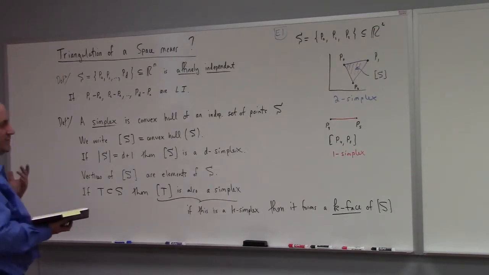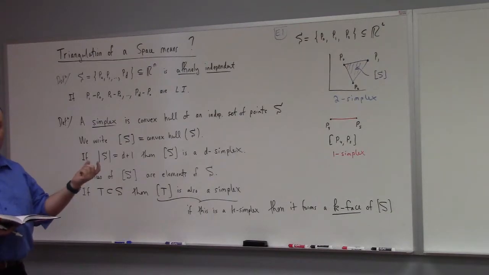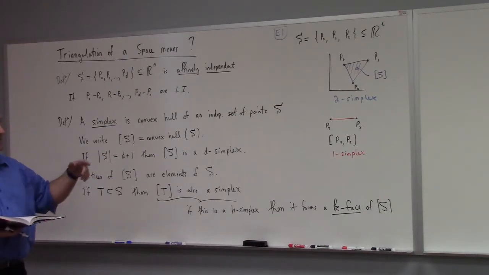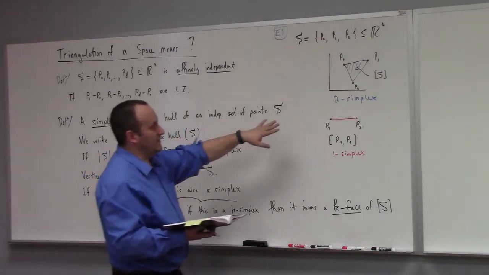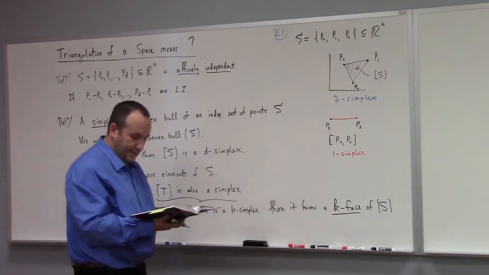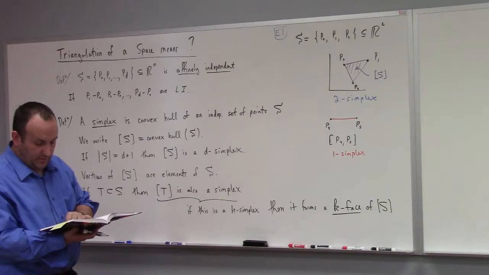If I'm looking at a D-simplex and I look at the D minus 1 faces, that should get the edge. I shouldn't also need D minus 2 or D minus 3. If I look at the 1-faces of this, I've already got the edge. So it's only the faces of D minus 1 dimension. In fact, those have a name.